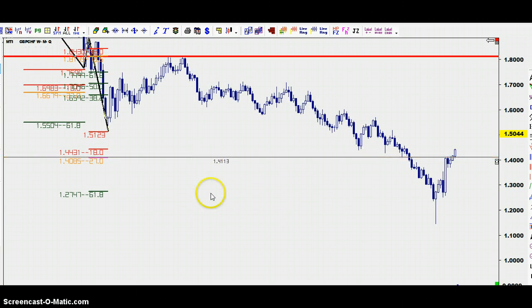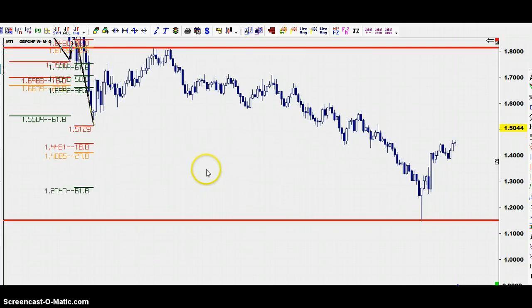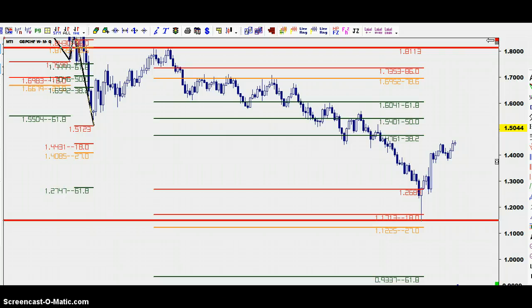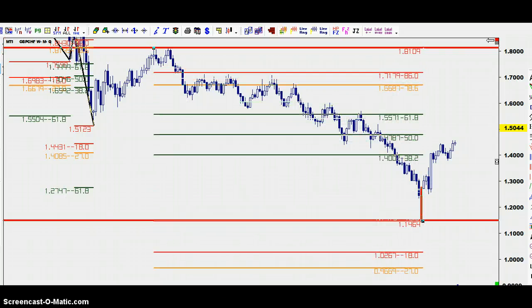So that would be down here. So this is our AB. A to B, C to D. Oops, missed it. Get happy dragging and dropping, guys.